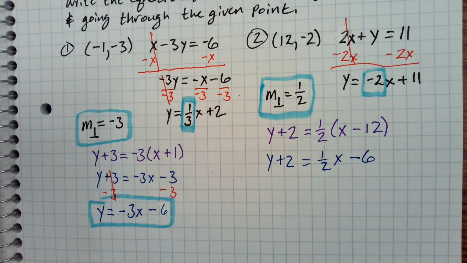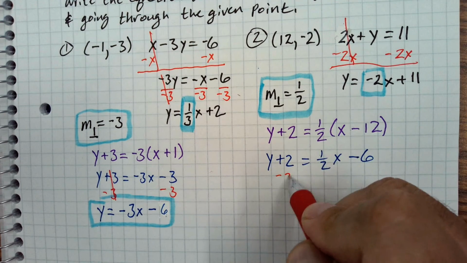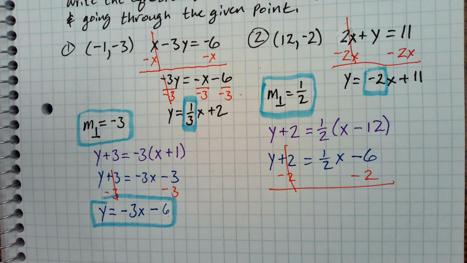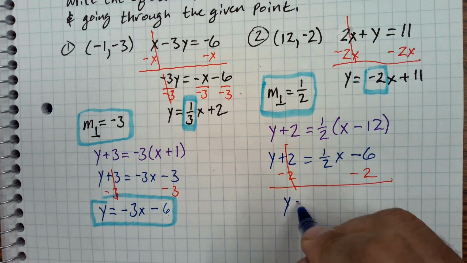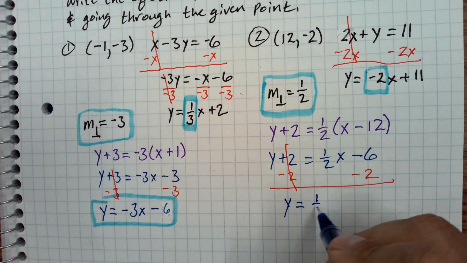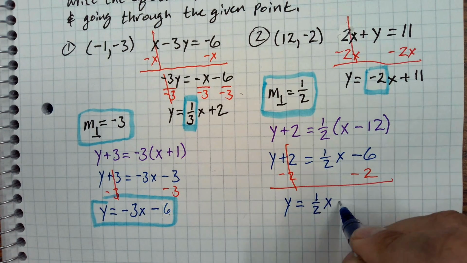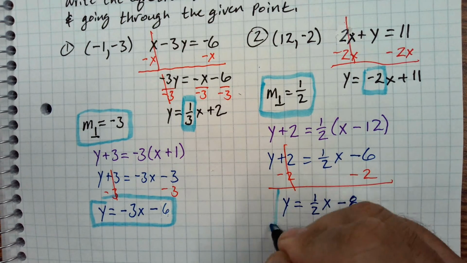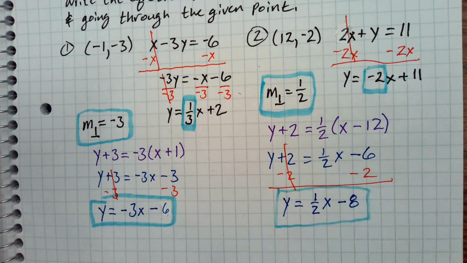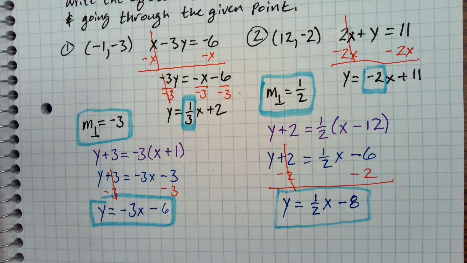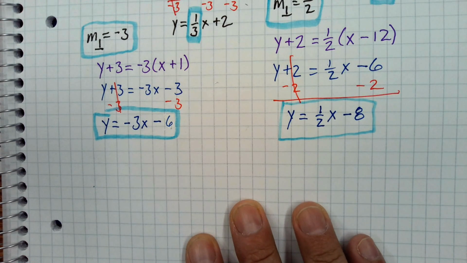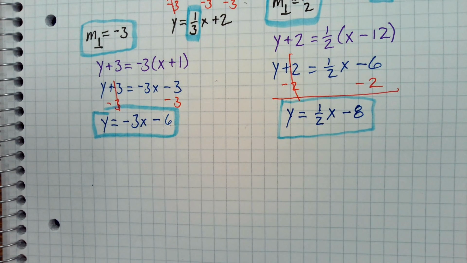And we'll get rid of this 2. And looks like that's -8. y equals 1/2 x minus 8. So this line would be perpendicular to our other line. Okay, we'll do one more.